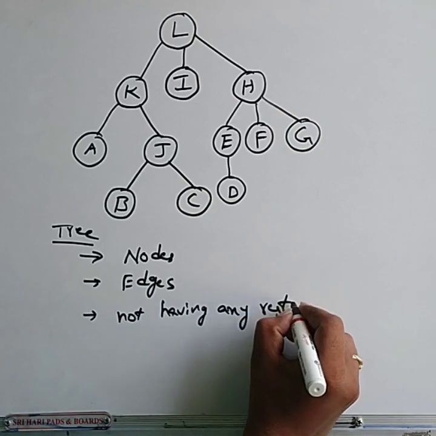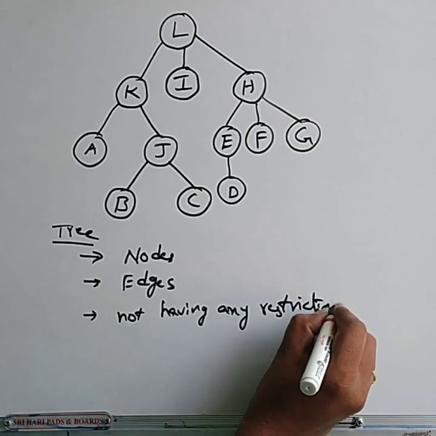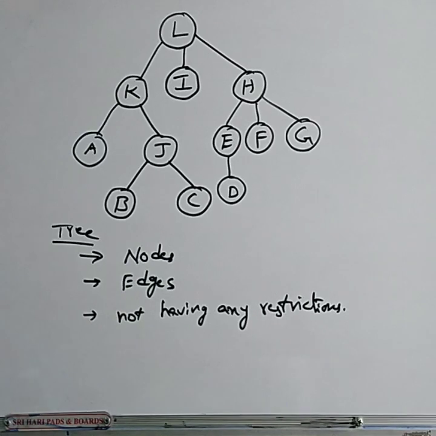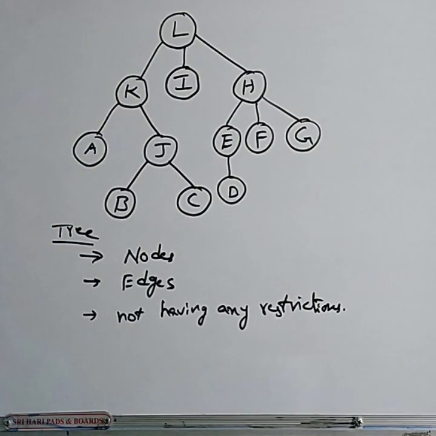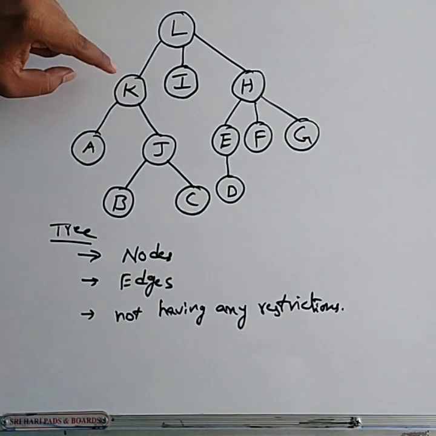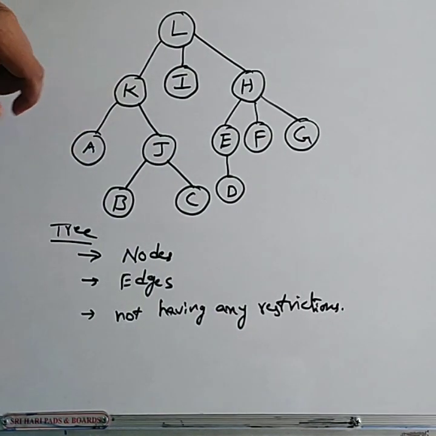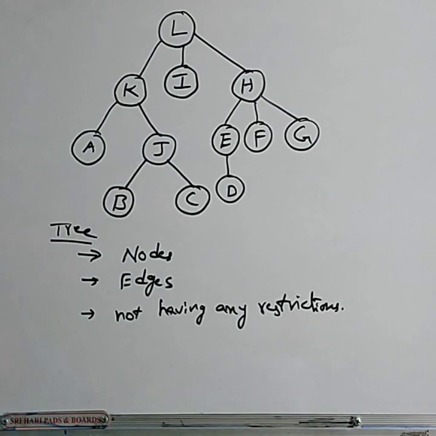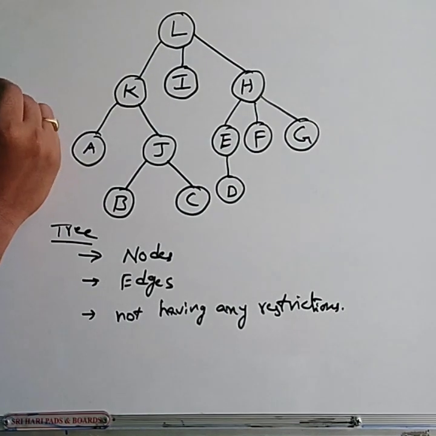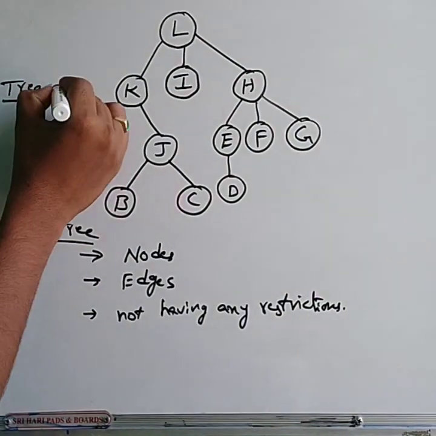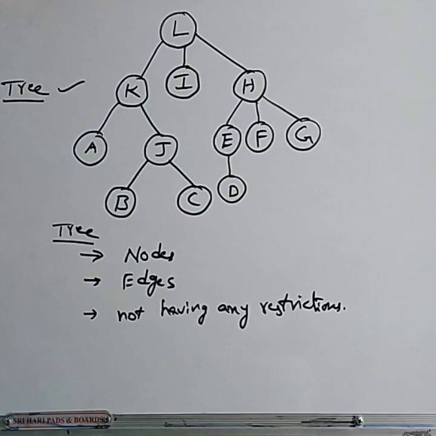There is no mandatory rule that a node has only two children, or only one child, or some other limitation. There is no limitation in a tree. One thing you have to remember: the given figure is a tree, because a tree doesn't have any restrictions in its design.